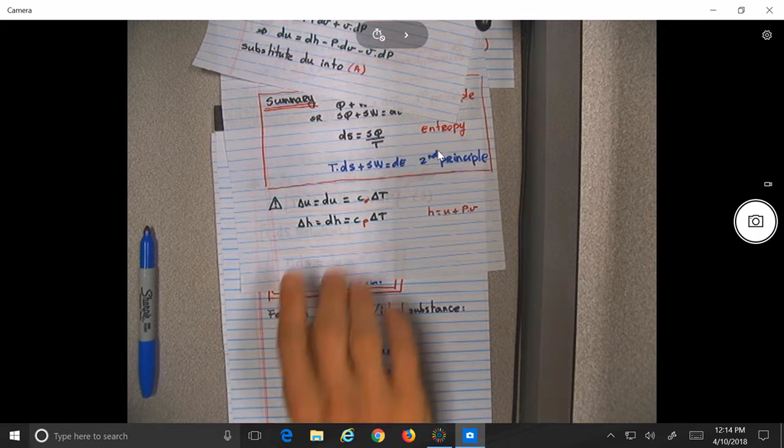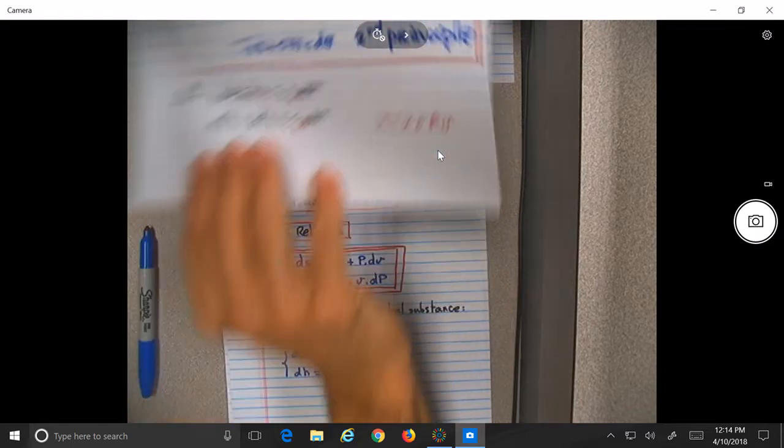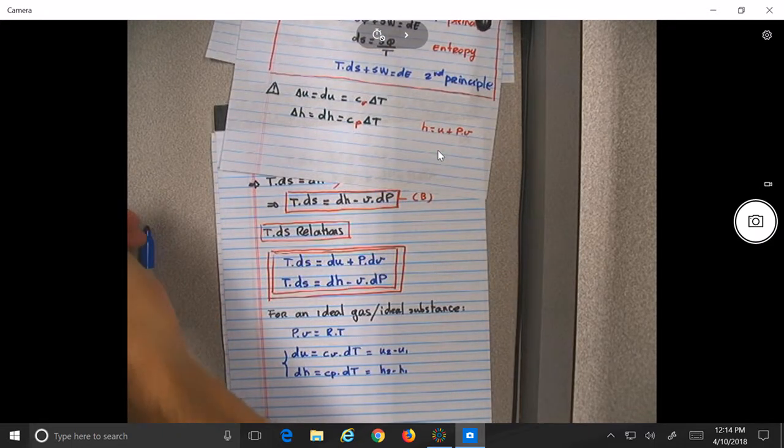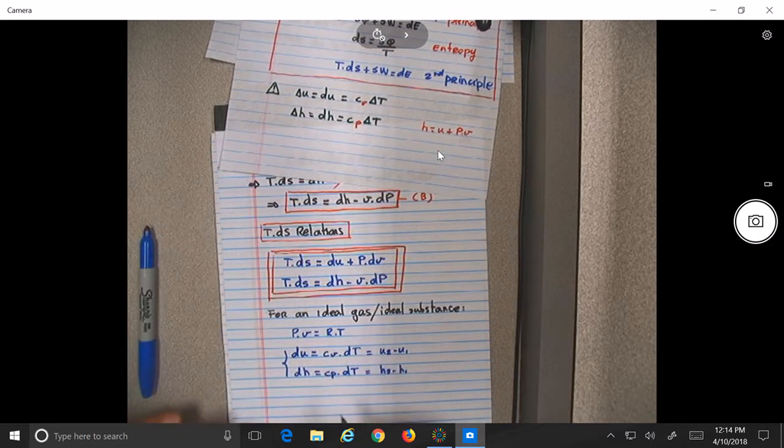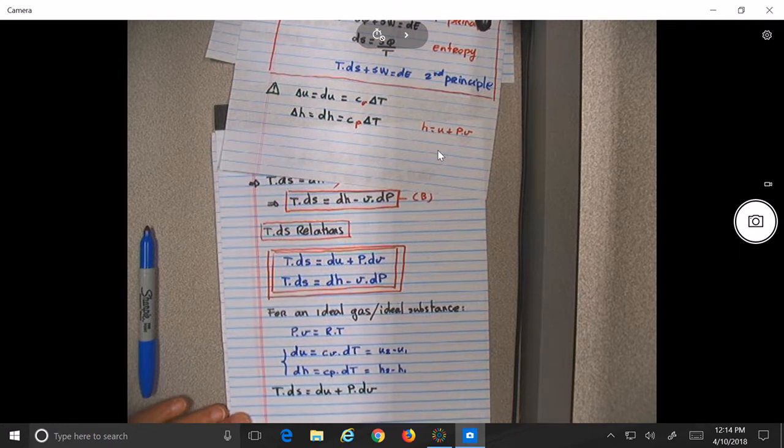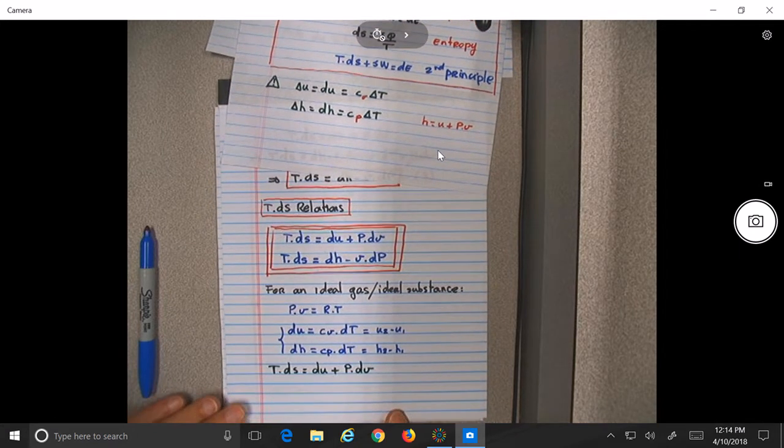So having these relations, let's look at the first one. I don't know what color to use anymore. If we look at this relation here, the first one, TdS equals dU plus PdV. For an ideal substance, dU will be proportional to what?